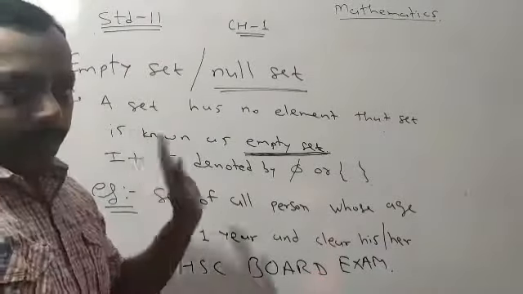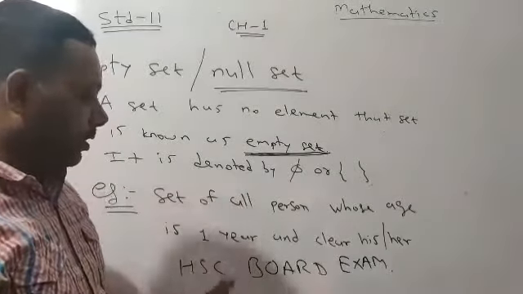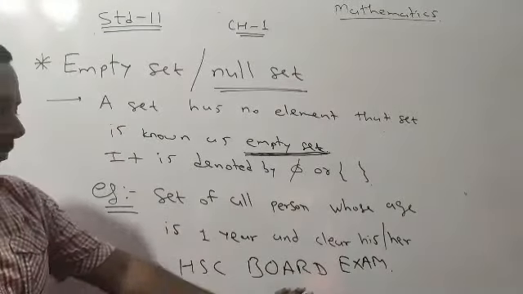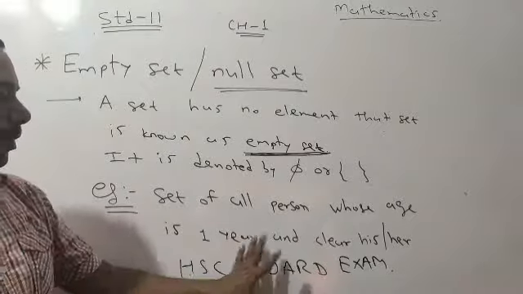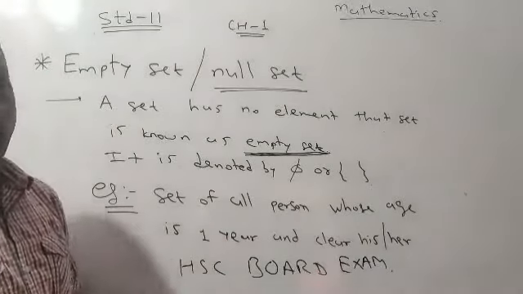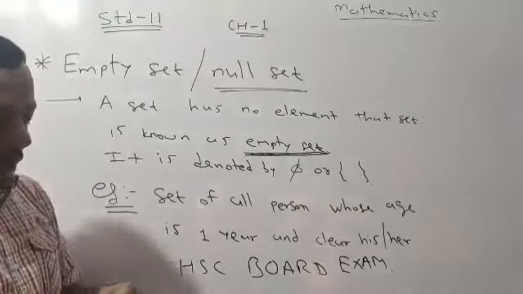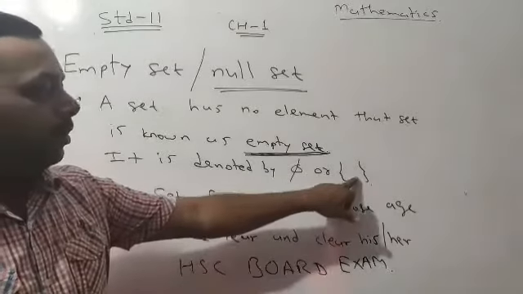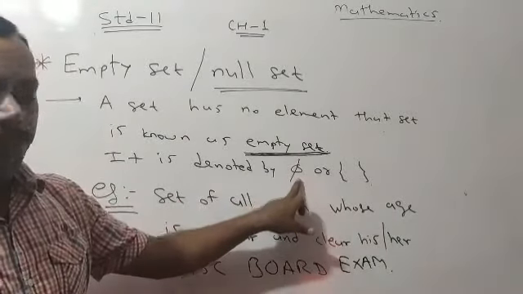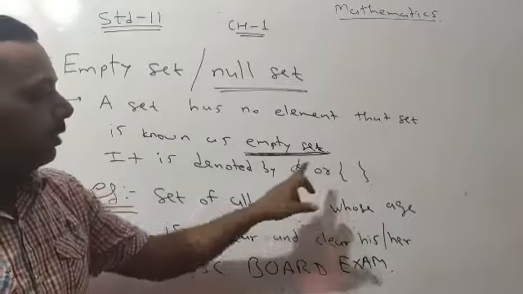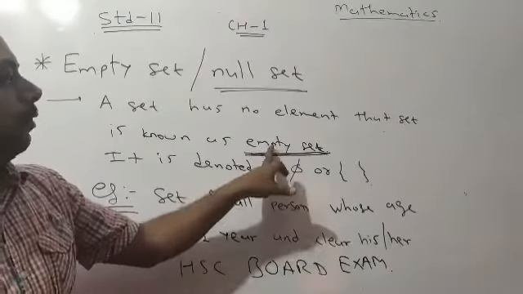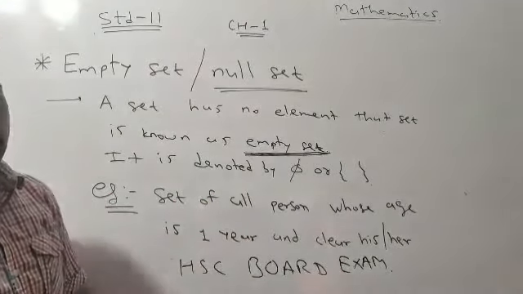Tell me, is there any person who passes his HSC board exam at the age of 1 year? Definitely no. So, in that kind of set, we will write null set, or we may say phi. Phi and null set are both denoted for the empty set.